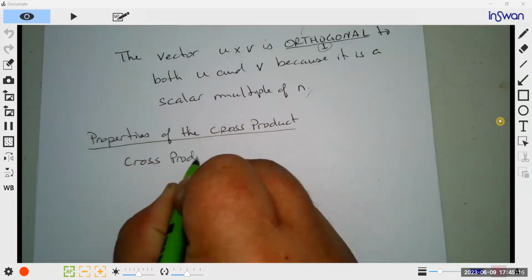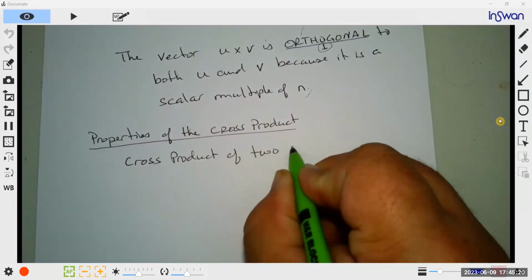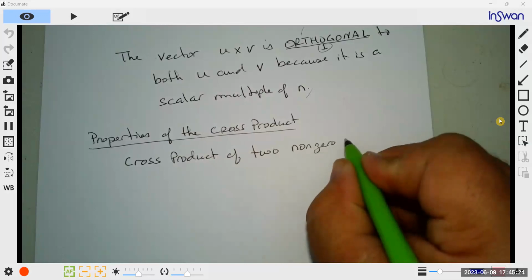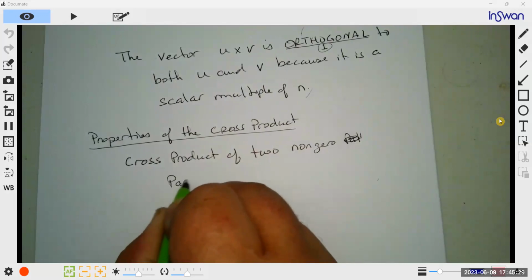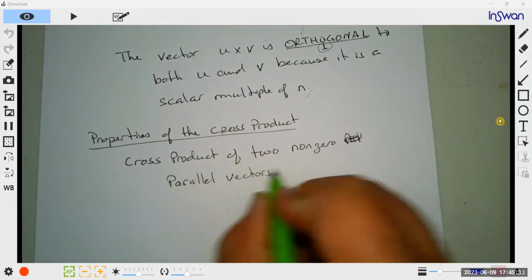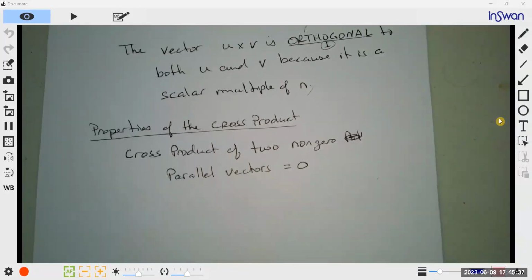Cross products of two non-zero parallel vectors equals 0. Now, why does it equal 0?